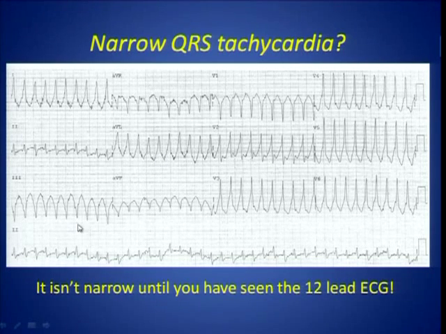And in fact, you can actually see the negative P waves with VA Wenckebach back in there, but I won't go into that. So it isn't narrow until you've looked at the 12 leads. So when someone says they've got a rhythm strip in emerge and they see narrow QRS tachycardia, please say, do a 12-lead ECG.